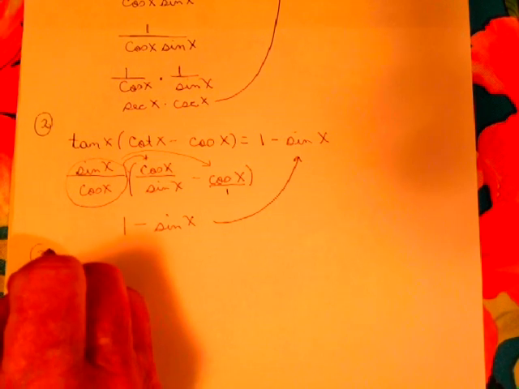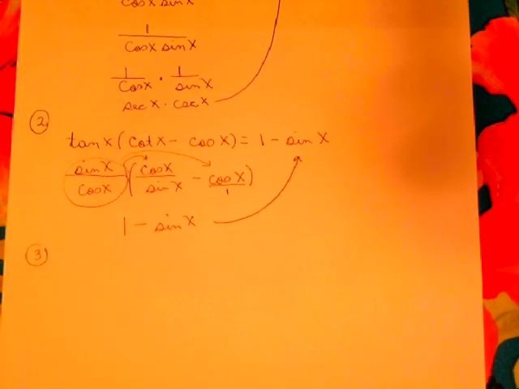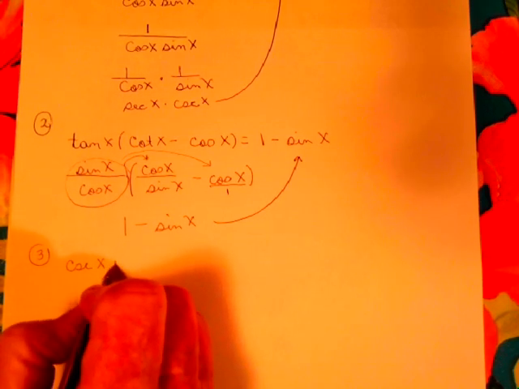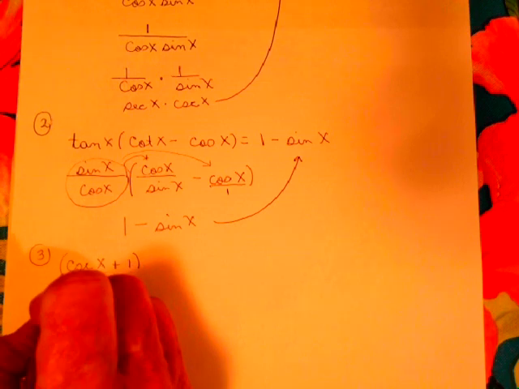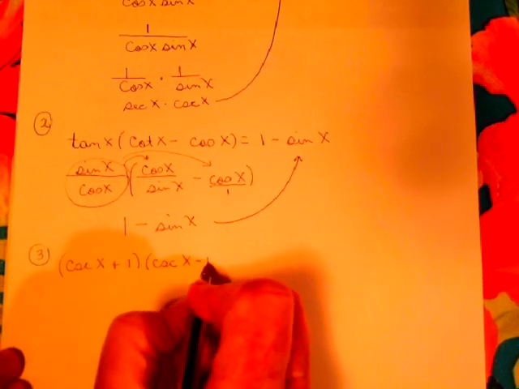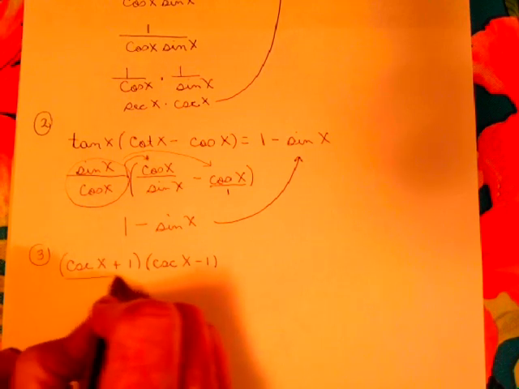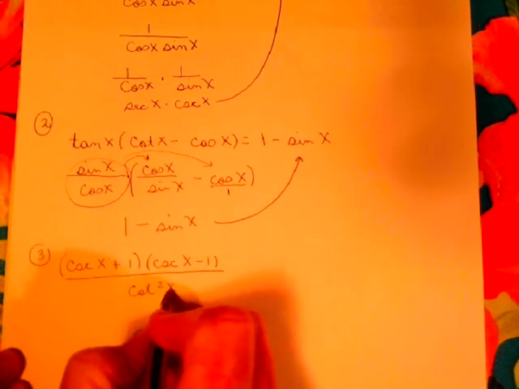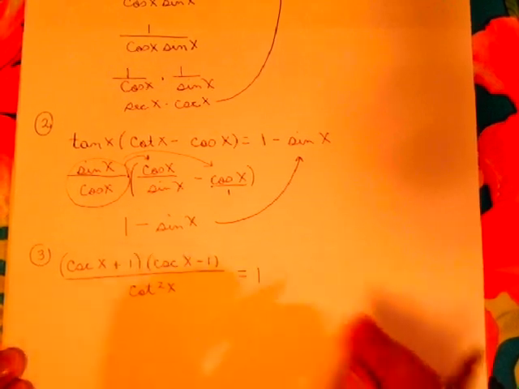Number 3. We want to prove that cosecant of x plus 1 times cosecant of x minus 1, all over cotangent squared of x, equals 1.